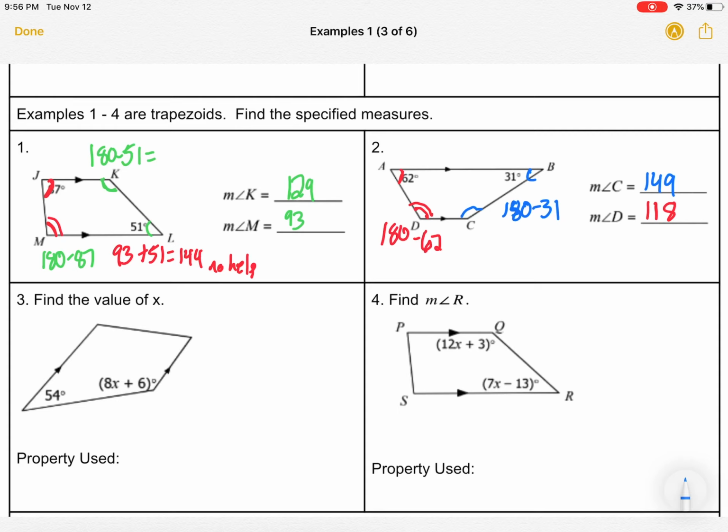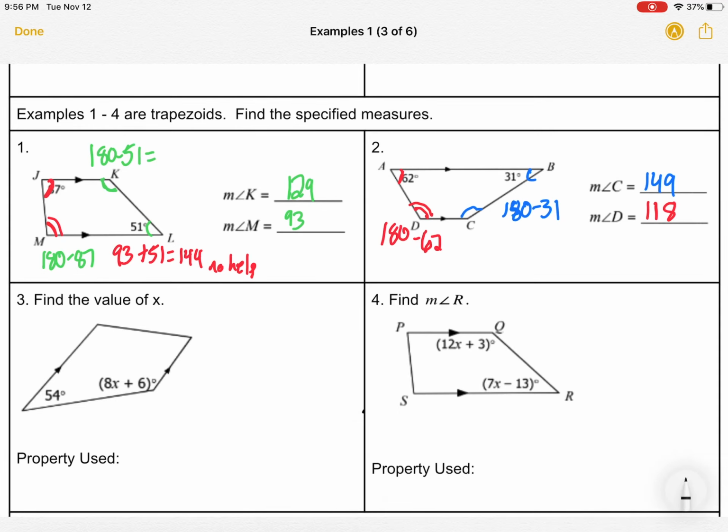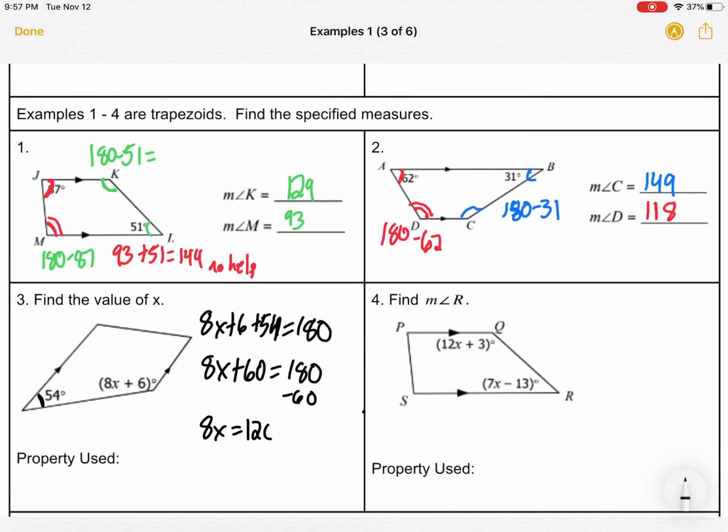Okay, 3. Again, if they are consecutive, they're going to add to 180. Remember, it only goes one way. So this would be 8x plus 6 plus 54 equals 180. 8x plus 60 equals 180. You subtract the 60. 8x equals 120. So x equals 15.